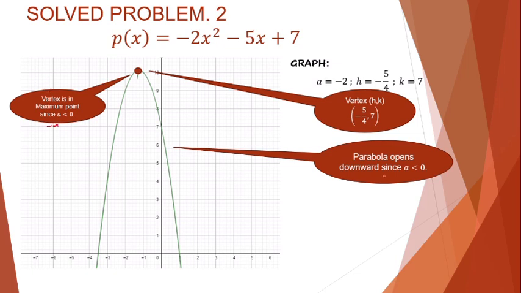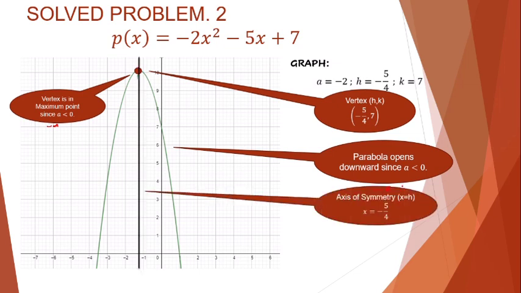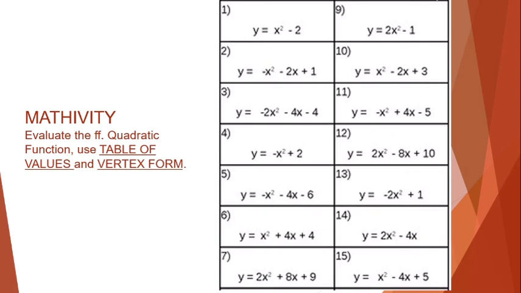So, parabola opens downwards since A is negative or A is less than 0. Then this is your axis of symmetry.